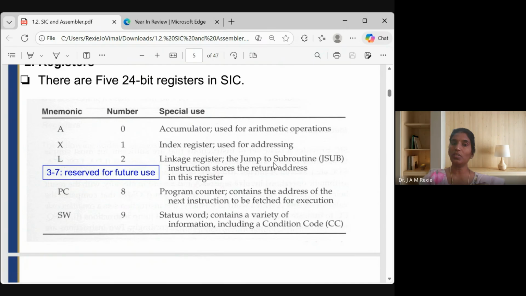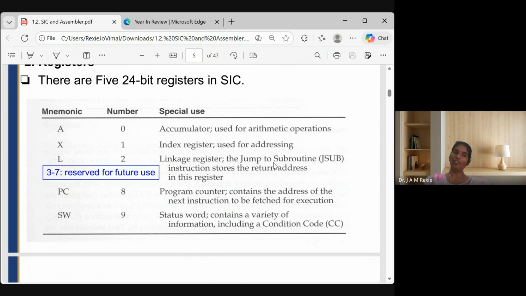So it will store the return address in this register. When there is a JSUB, jump to subroutine call, the next line's address will be stored in this L register, the linkage register. And then PC, the program counter, gives the address of the next instruction which is to be executed.